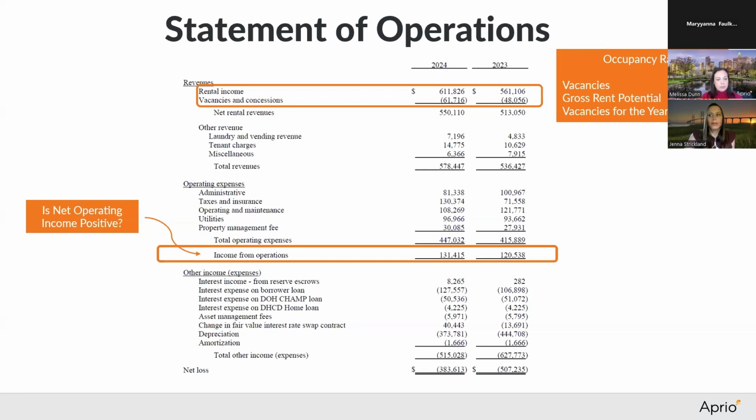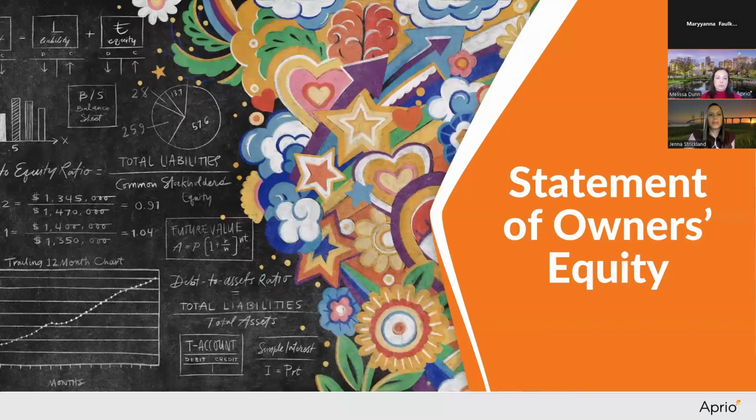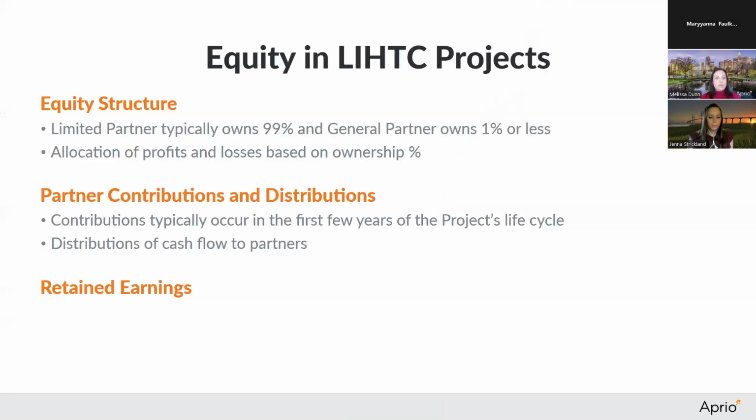All right, and I think I'm now passing it back to Melissa to go in depth on the statement of owner's equity. Yes, so we will talk about the statement of owner's equity. The typical ownership structure in an affordable housing project is often set up as a partnership or limited liability company with two main players, a limited partner or investor, and a general partner or managing member.